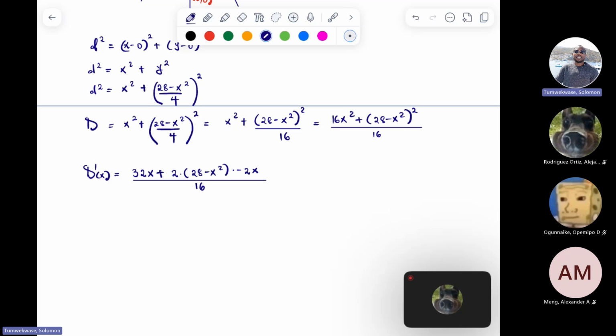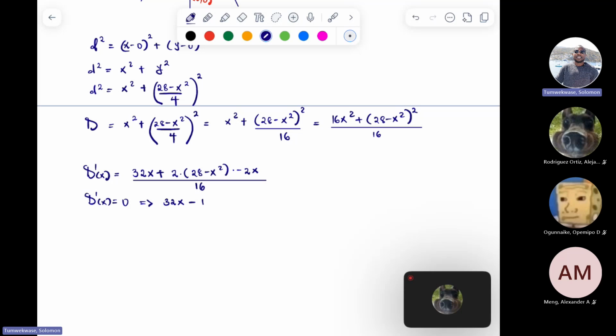I want to find the critical points. So the critical points are when this derivative is 0. So this means that this is 32x minus, this is 2x times 2, that is 4x. 4x times 28, that is 112.